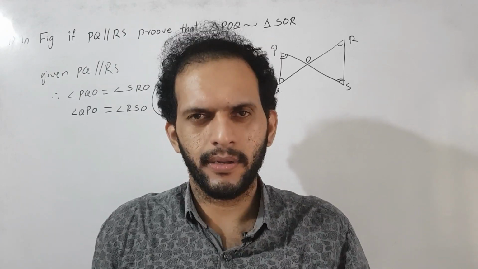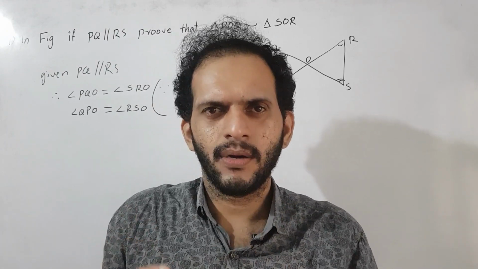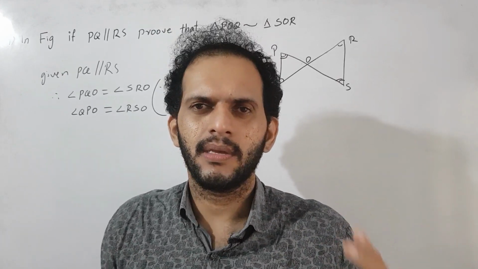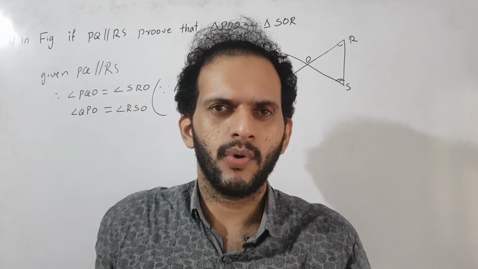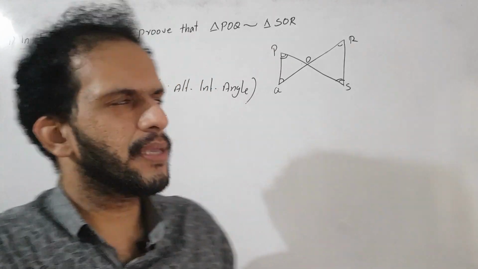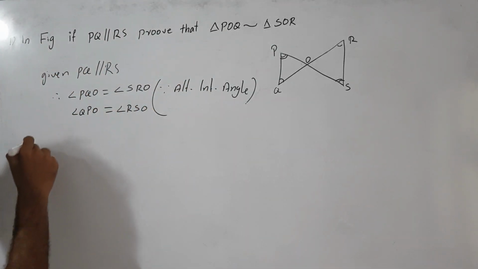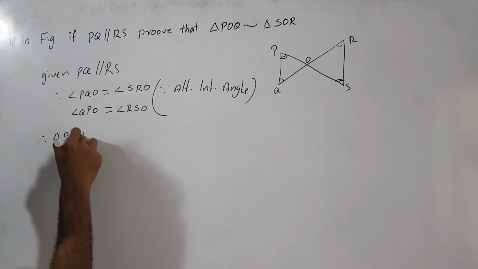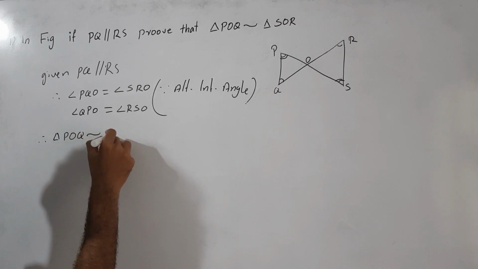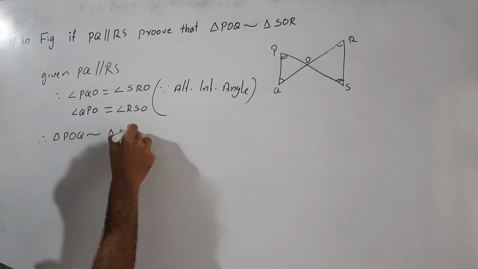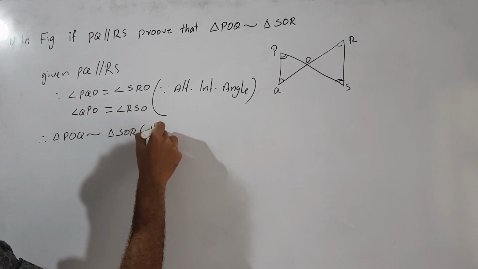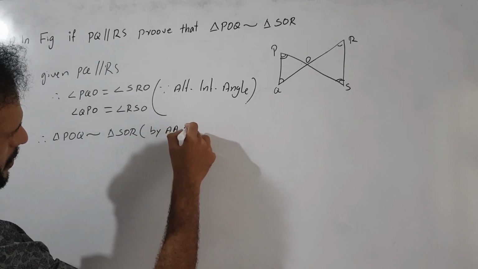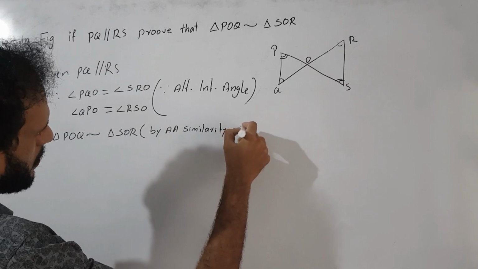AAA similarity criteria. But for saying the similarity, it is enough to have two angles equal, and we already got that. So on the basis of this we say, therefore, triangle POQ is similar to triangle SOR, by AA similarity criteria.